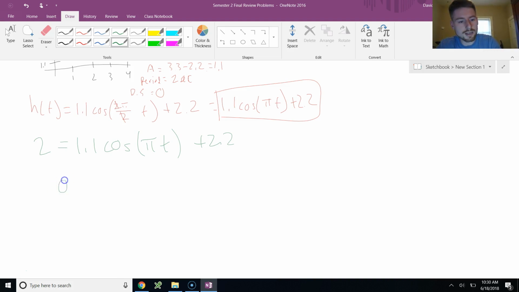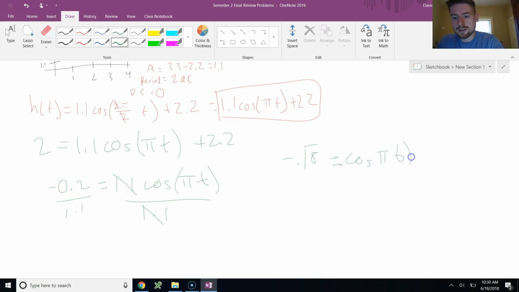We get negative 0.2 equals 1.1 cosine pi t, and divide by 1.1, and that gets us negative 0.2 divided by 1.1, negative 0.18 repeating equals cosine of pi t.